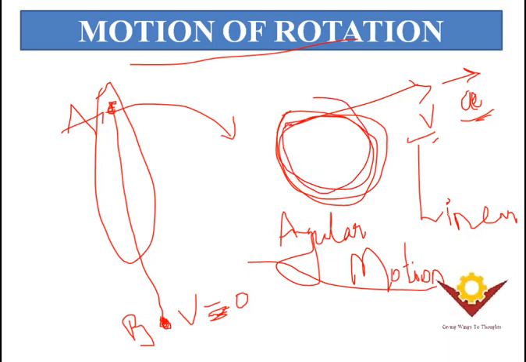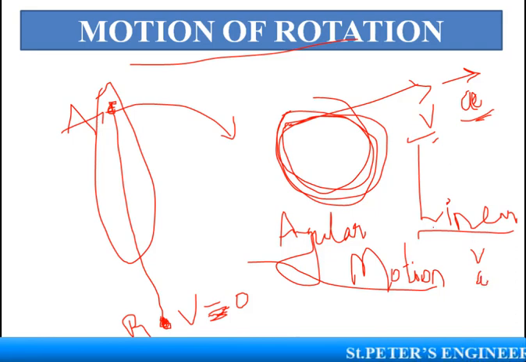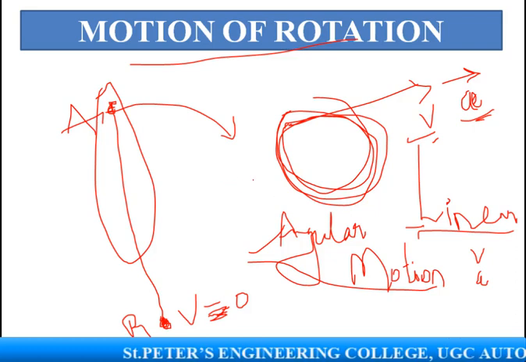Coming to linear motions, we just call them linear velocity and linear acceleration. Then what is the difference between linear and angular motions, and what is the difference in notations that you are going to use in motion of rotation?